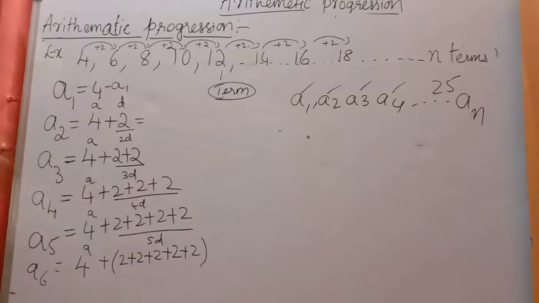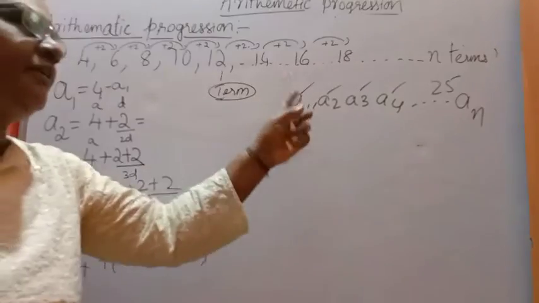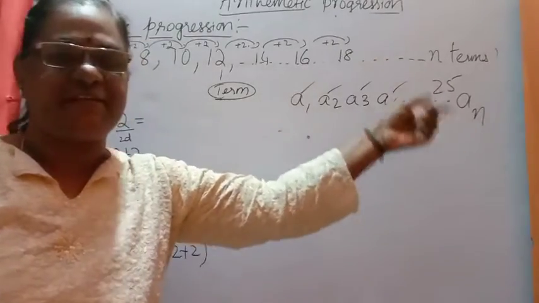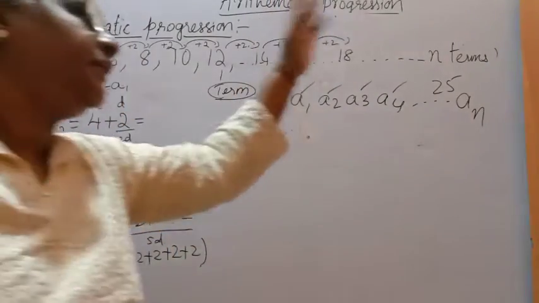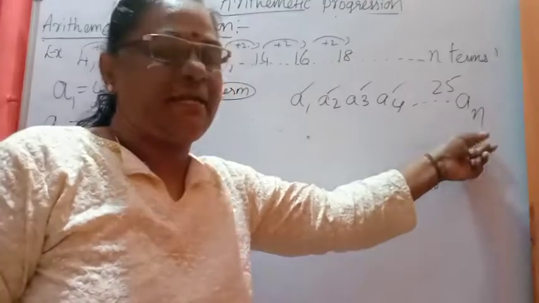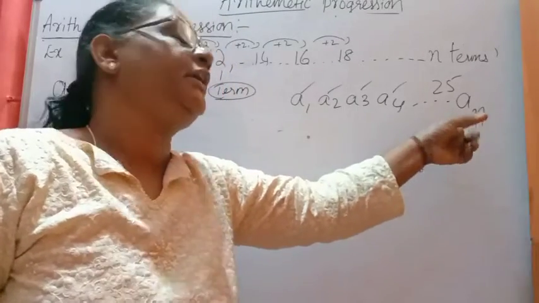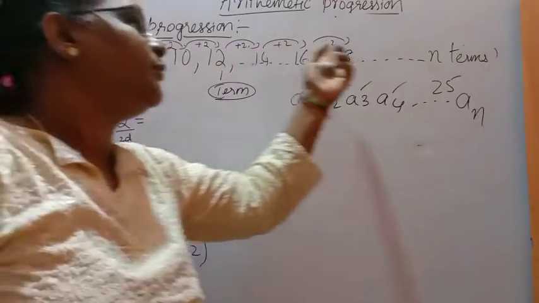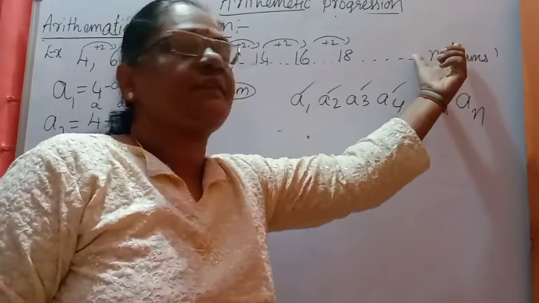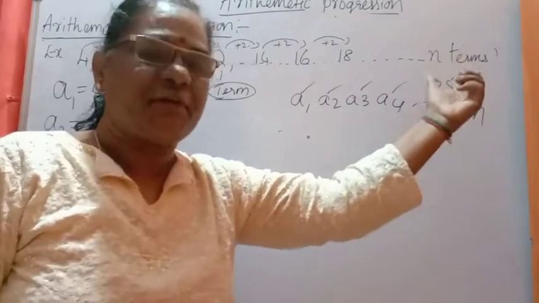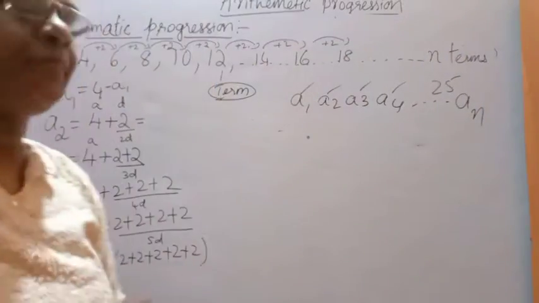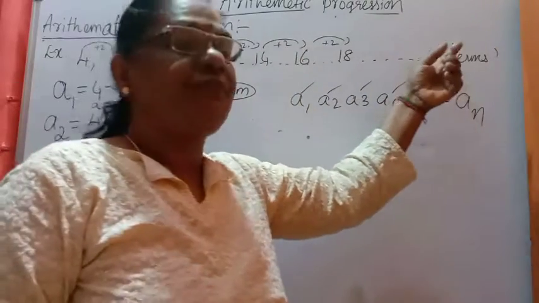Previously I have explained, the first term is A1, the second term is A2, A3, A4, A5, A6, A7, A8, like that. So many terms. Lastly you have An, which is nothing but the nth term. N can take any value. Suppose here you have 25 numbers. The last number is nothing but the 25th term. If you have 15 terms in this progression, we call the last number the 15th term.